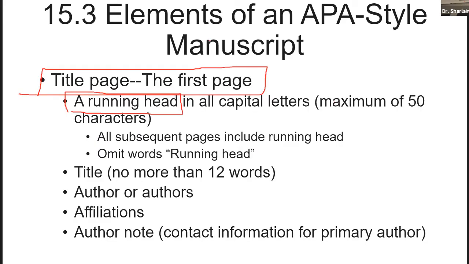And generally, it's a shortened version of your actual title, right? Now, generally, what happens is that all of the pages afterwards will include that 50-character title that you have at the top, but they won't have the term running head, okay?